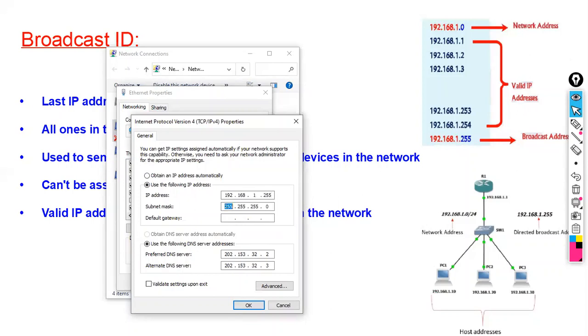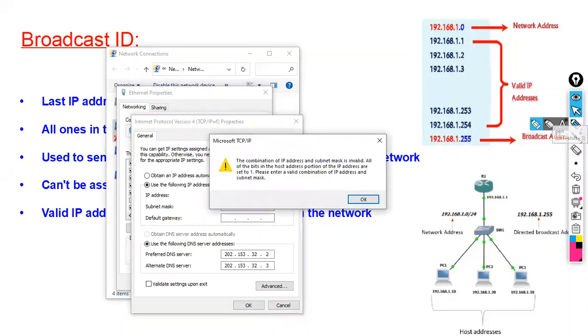So guys, the combination of IP address and subnet mask is invalid. All of the bits in the host portion of the IP address are set to 1. You can see if you convert this 255 into binary, it will become 8 ones, and in the host portion all ones are there, so it will not accept it because it is reserved for the broadcast.